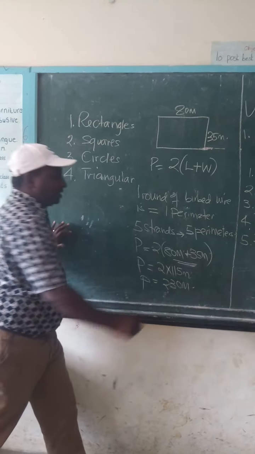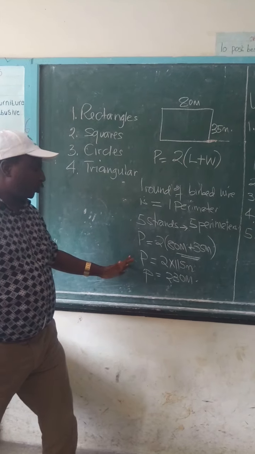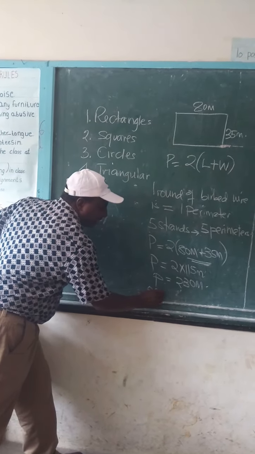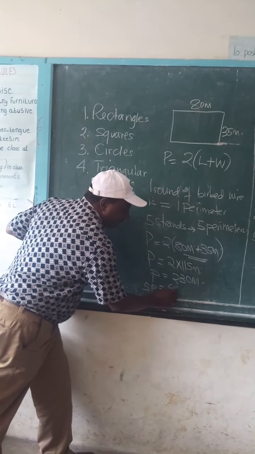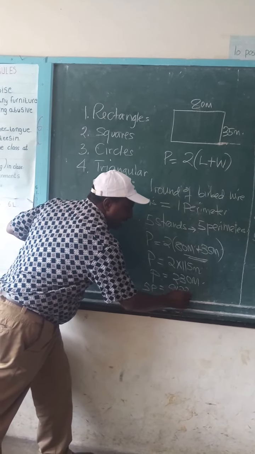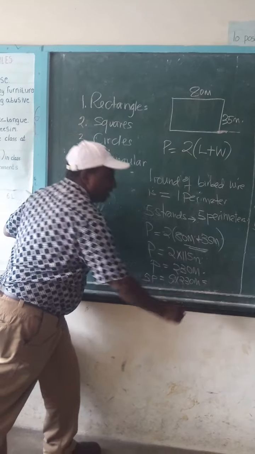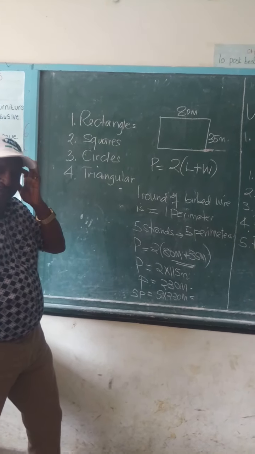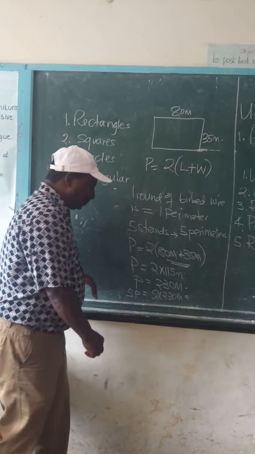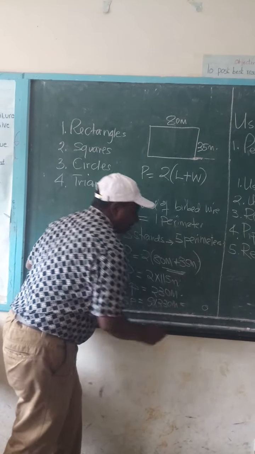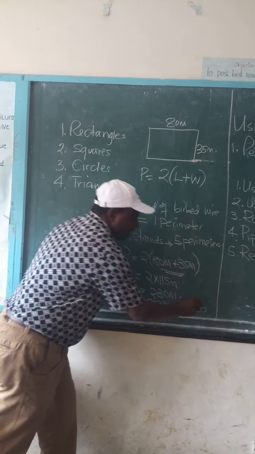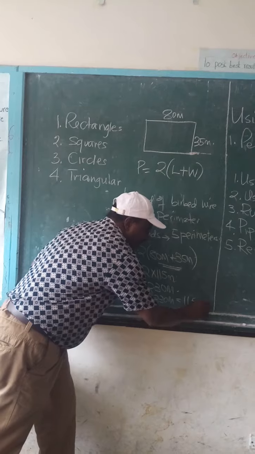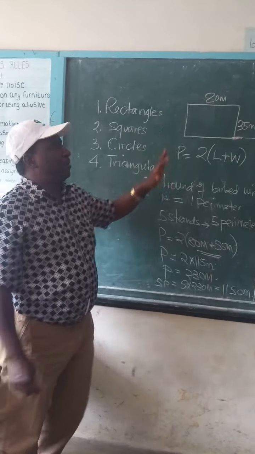So our perimeter is 230 meters. So total length of the wire will be 5 perimeters. 5 times 230 meters. That is multiplying 230 by 5. 5 times 0 is 0. 5 times 3 is 15, carry 1. 5 times 2 is 10, becomes 11. 1130 meters.